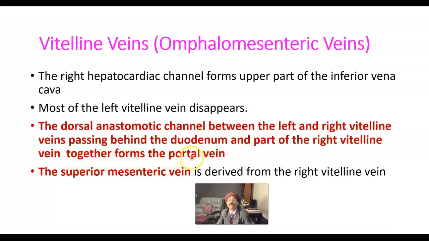They come from the vitelline veins, mostly the right vitelline vein, and the dorsal anastomotic channel between the left and right vitelline veins. The superior mesenteric vein is derived from the right vitelline vein.